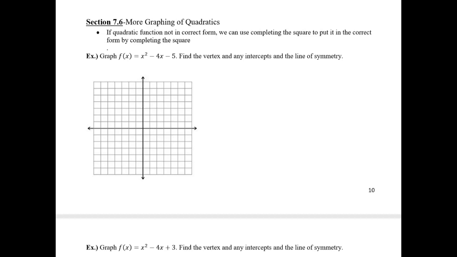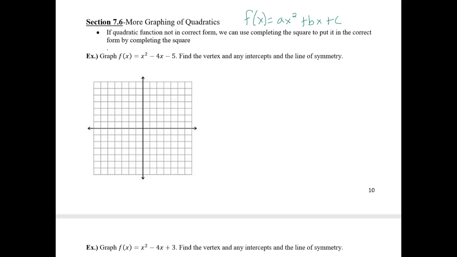In this video, we're going to talk about graphing quadratic functions that are in standard form. So remember, standard form is when it's in the form f of x equals ax squared plus bx plus c. But it's difficult to graph in that form because it's not easy to pull out the information just by looking at it.